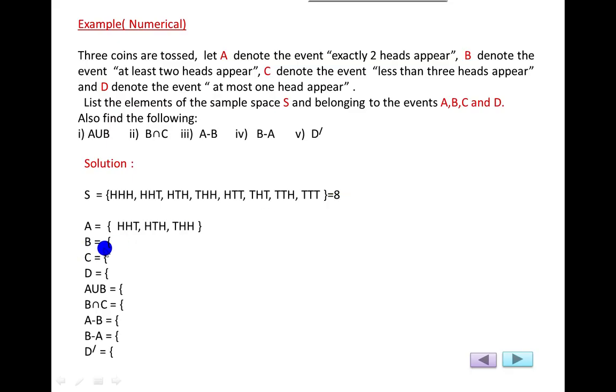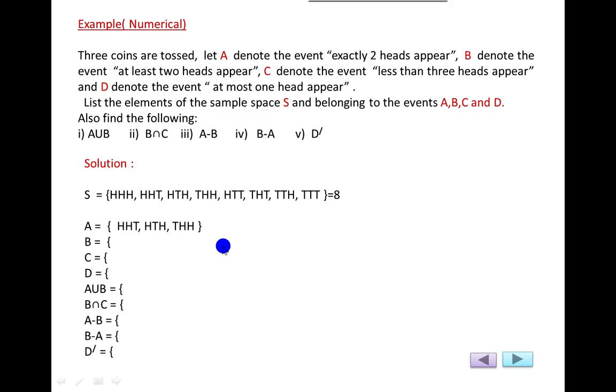Same as B. This is for your homework. Denote the event at least 2 heads appear. At least 2 heads, minimum 2, not less than 2 but maybe more than 2. So at least 2 means these 2 and these 3 heads. Minimum 2, maybe more than 2. So we will select 4 members.